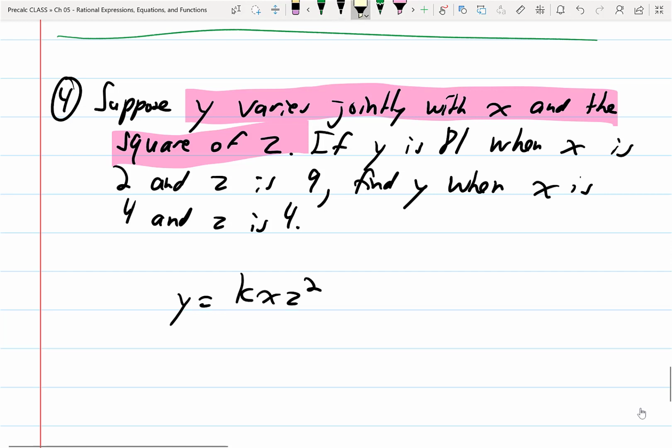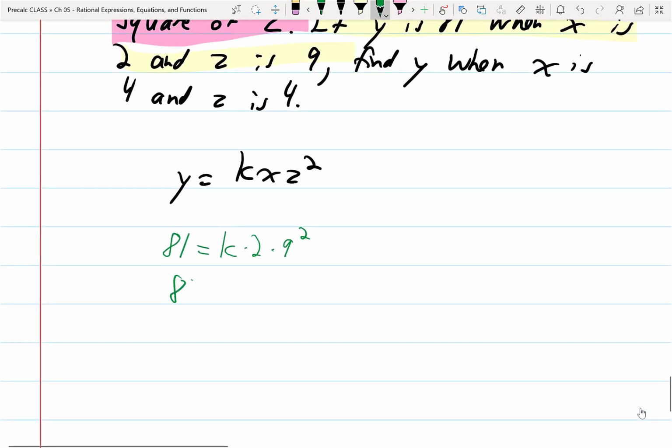Next step is to take the second sentence and substitute that. So y is 81, k times x is 2, and z is 9. That would give me 81 is equal to k times 2 times 81, or 1 is equal to 2k, or k is equal to a half, which means that my actual form of the equation would be y is equal to 1/2 x z squared.